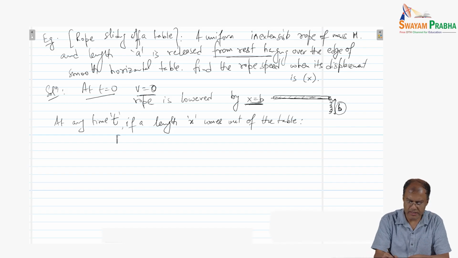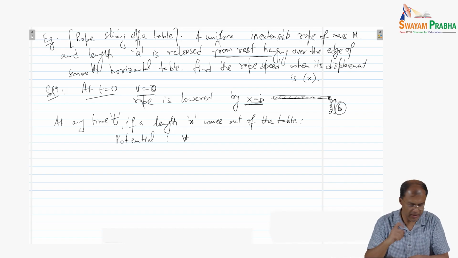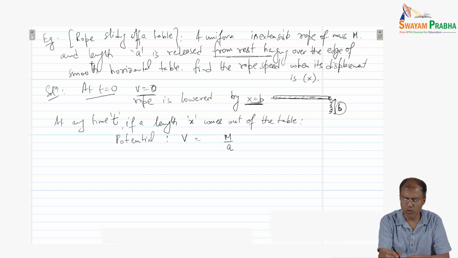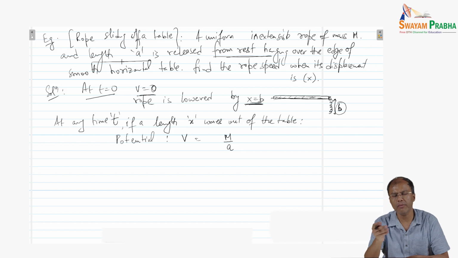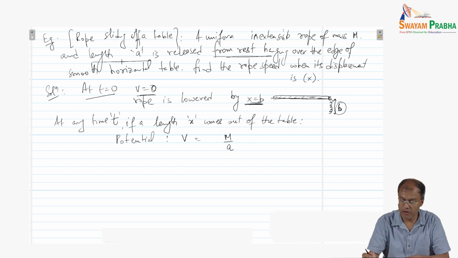we have the potential V given by the following. Now, first we have to introduce the concept of mass per unit length, right? So the mass per unit length is m divided by the total length a, right? So the total length of the rope is given in the problem to be a. So mass per unit length is m by a, and now at any given time, x of the length of the rope is hanging, so we have to multiply by x.